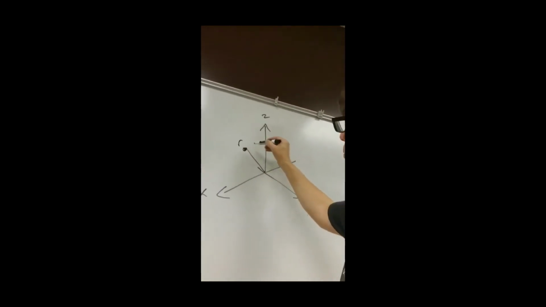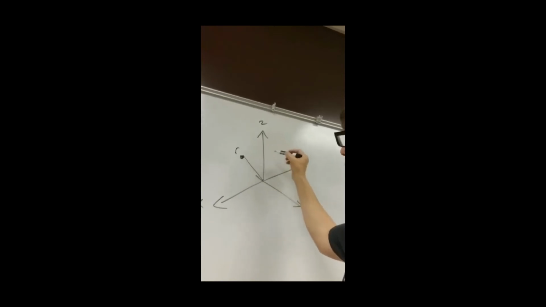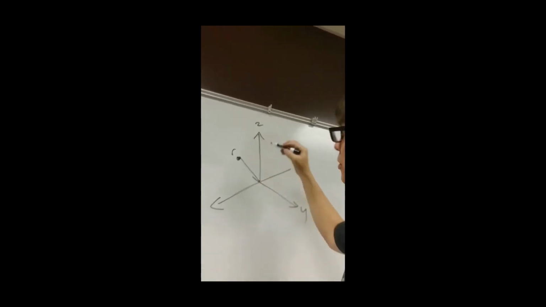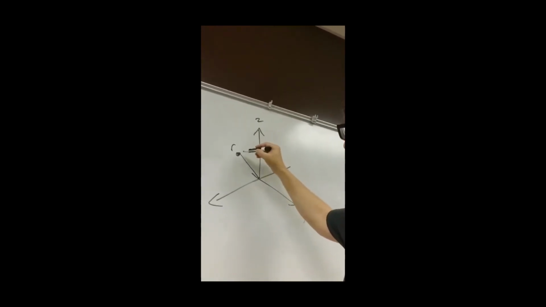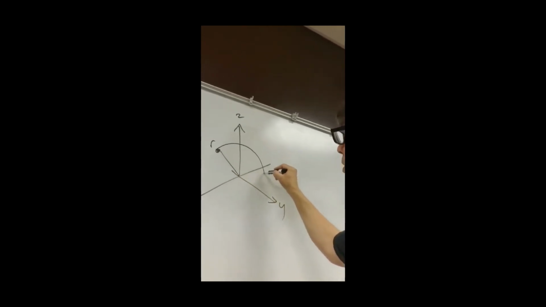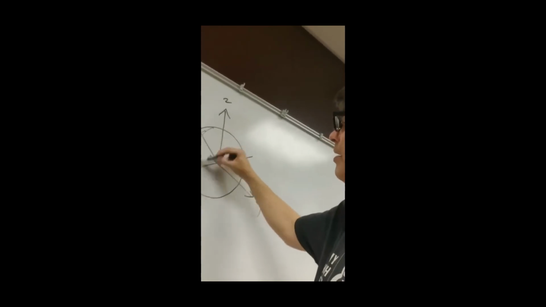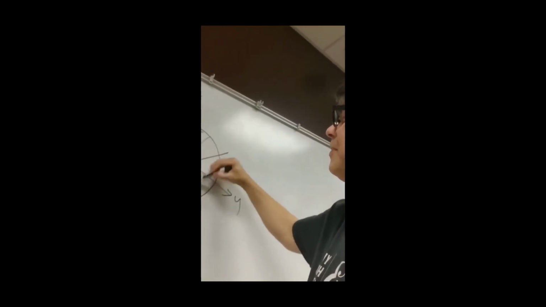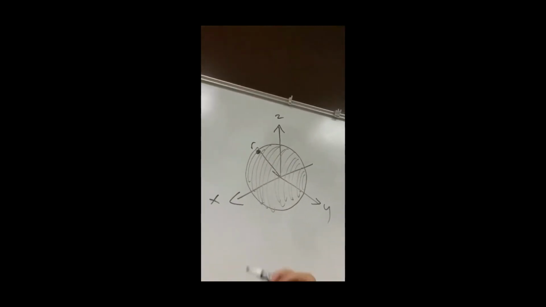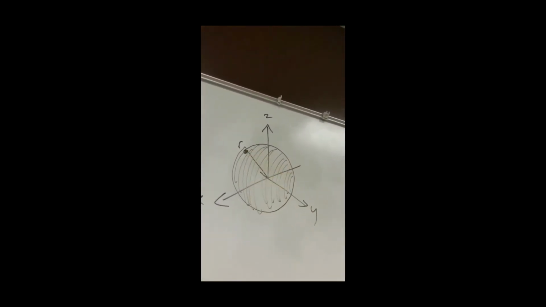Except now, we're not just going to draw that around a two-dimensional, we're going to draw it around a three-dimensional, and I'm not going to be a good enough drawer probably to do this, but I'll try. So now we're talking about a sphere, where if you rotate that R around all three dimensions, you're going to get a sphere.